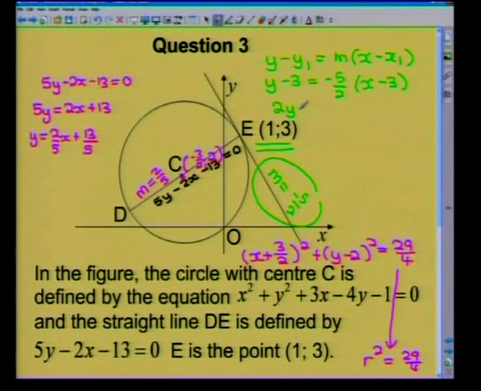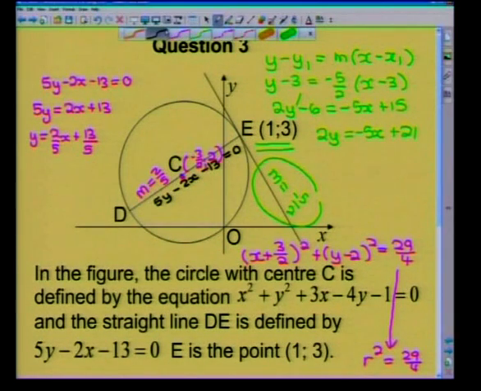So we're going to get 2y minus 6 equals, and this 2 is now gone, so it's minus 5x plus 15. That means that 2y is equal to minus 5x, and this is going to be 15 plus 6, which is 21. So we now have this equation, which I think I'm going to put in with black here. It's going to be 2y equals minus 5x plus 21.